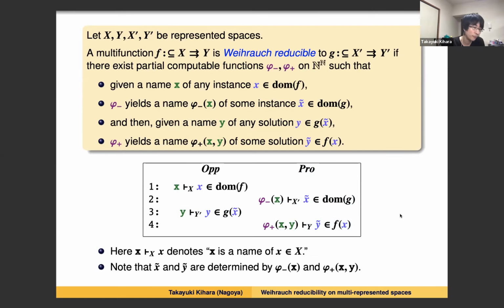So this is the usual definition of Weihrauch reducibility for usual represented spaces.